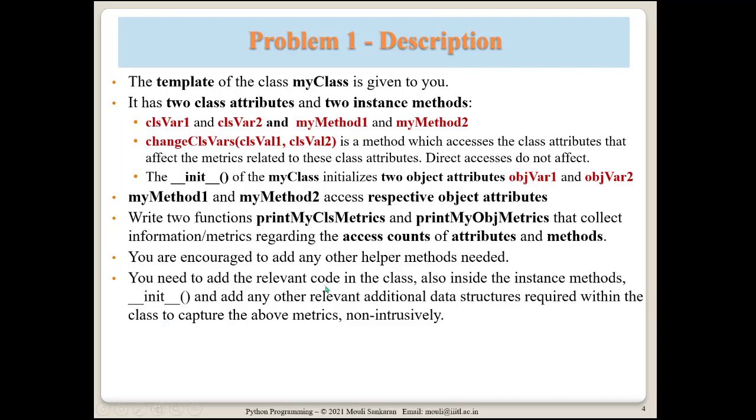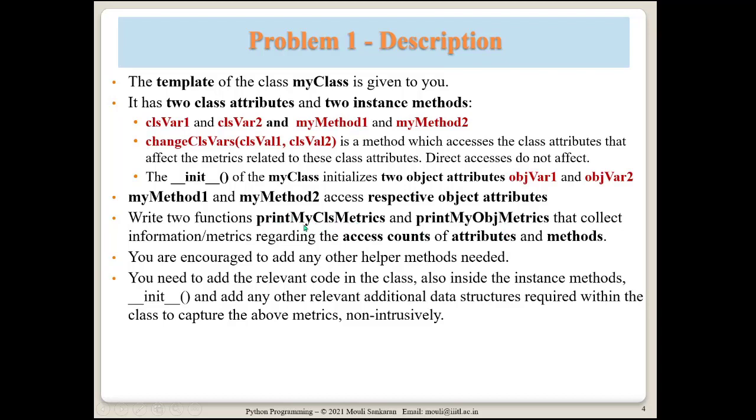You need to add the relevant code in the class that I am going to give you, also inside the instance methods, which are these my methods, and the init function, which I have already written to initialize these variables. Any other relevant additional data structures need to be added at the class level to maintain the metrics, so that these print methods can access them and print them.